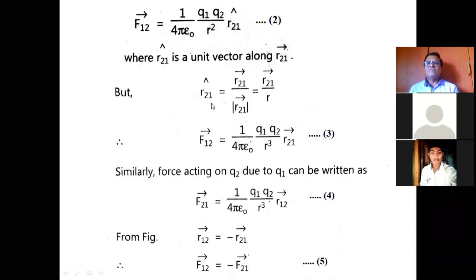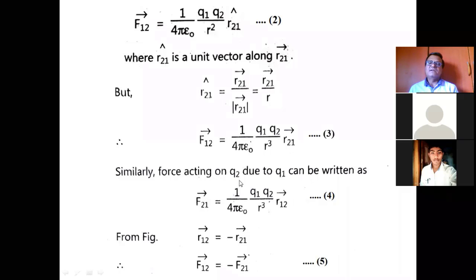Then by definition of unit vector, r21 cap is equal to r21 bar divided by the magnitude of r21, that is r. We have seen that at the beginning. Therefore, equation 2 becomes f12 bar is equal to 1 upon 4 pi epsilon 0 q1 q2 upon r cube into r21 bar, equation number 3.